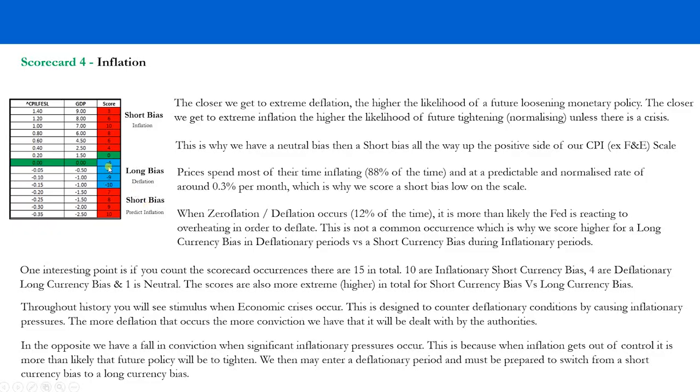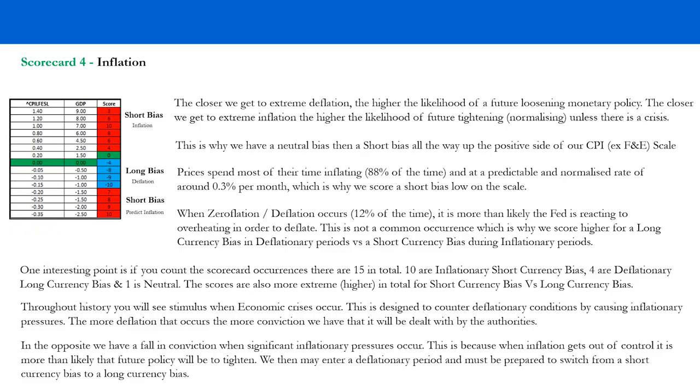So you can see the magnitude of the numbers here in the deflationary zone. The magnitude of the numbers goes up very, very quickly in a very tight range. So you can see we have extreme scores for deflation in the negative. Now, one interesting point is if you count the scorecard occurrences, there's 15 in total. 10 are inflationary, so short currency bias. 4 are deflationary, long currency bias, and 1 is neutral.